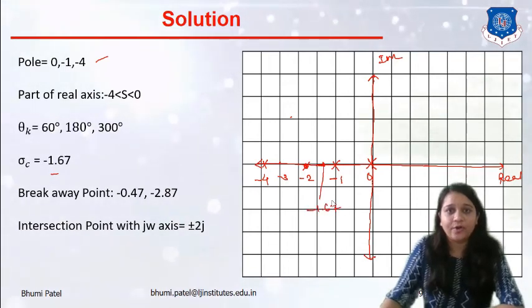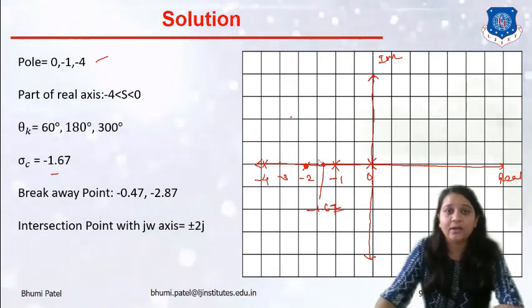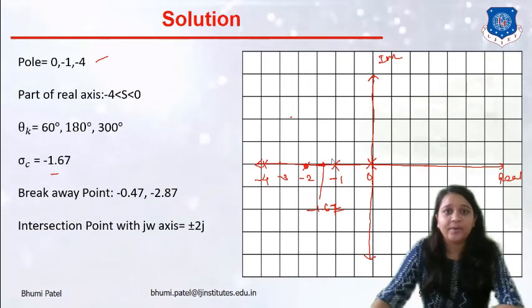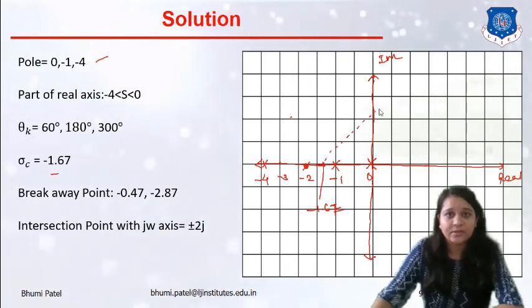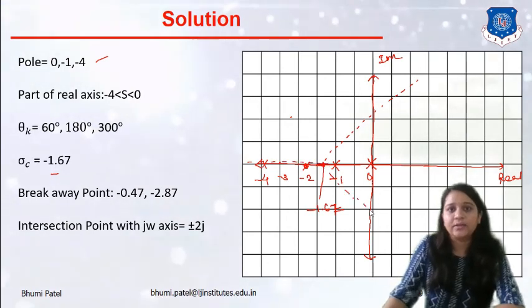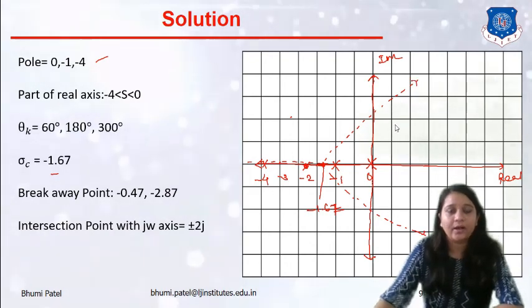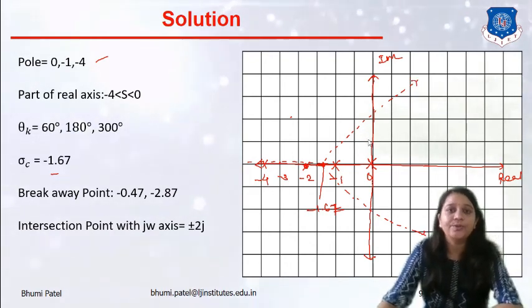This is the centroid of the system, and put the protractor here and draw the angle. The first angle is 60, the second angle is 180, and the third angle is 300. This is the angle of this system, and always draw the angle in a dotted line.